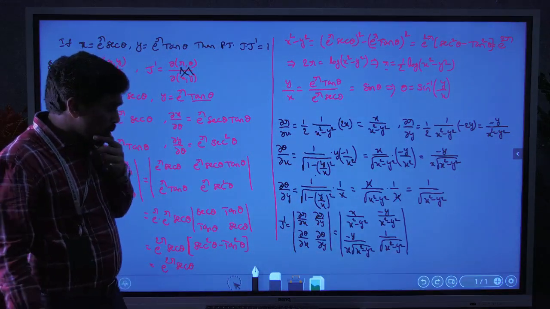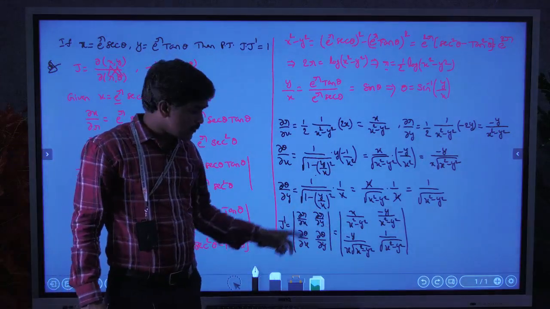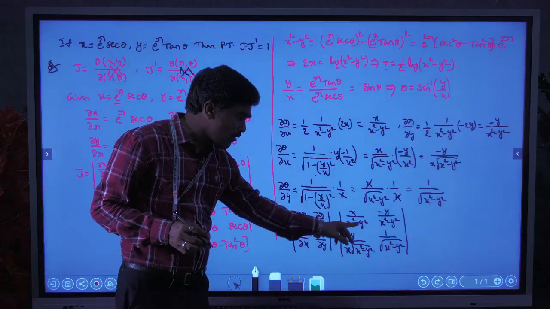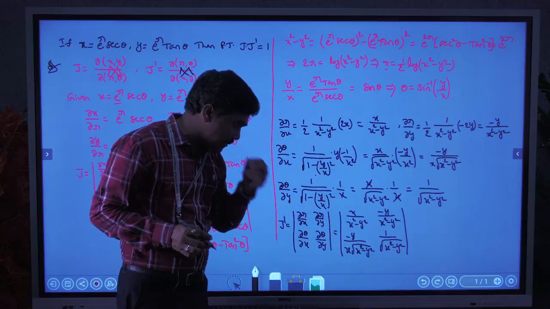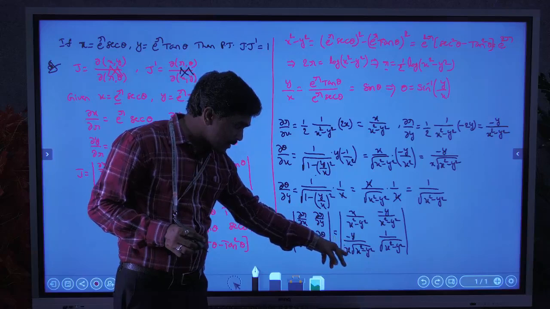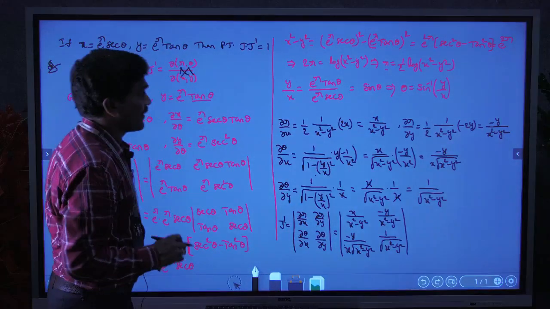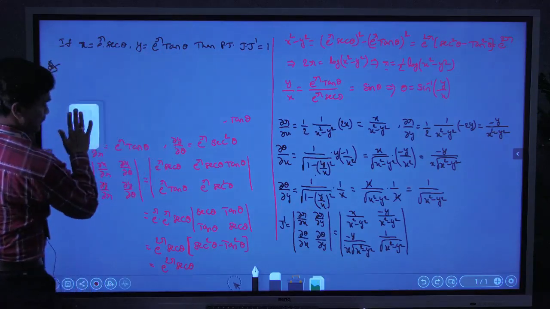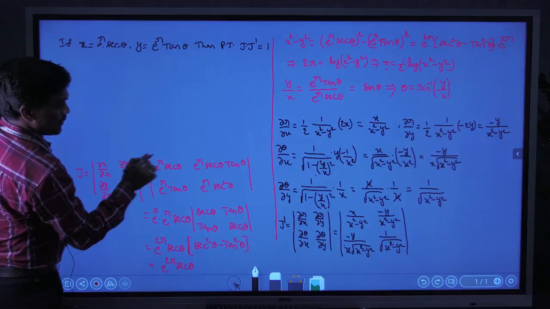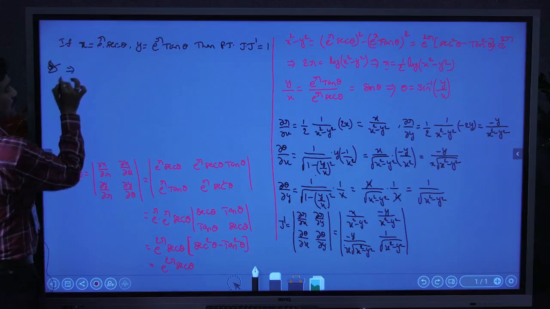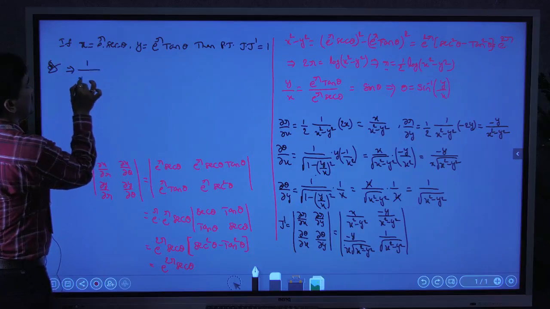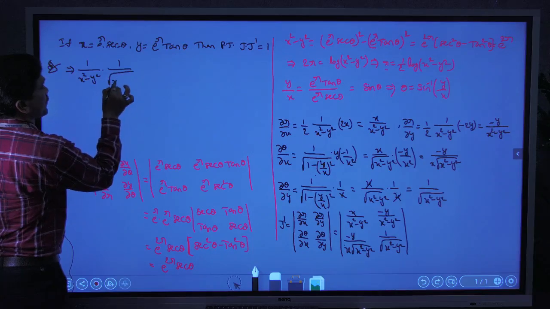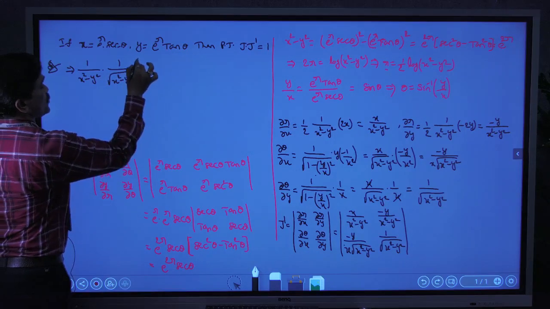Now to evaluate the determinant, first of all take the common value in any row or column. In the first row, 1 by x square minus y square is common. In the second row, 1 by square root of x square minus y square is the common value. Now write the remaining terms.